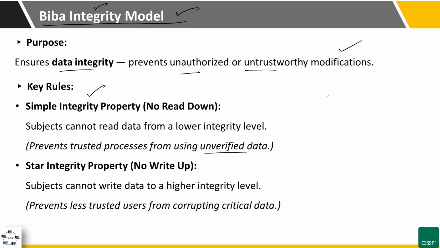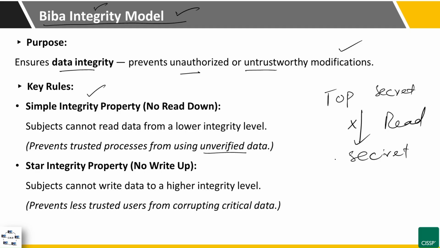What does this mean? If we have a top secret user, they cannot read from, let's suppose, secret, because that data is of less accuracy. You can say it is of less sensitivity, and if the top secret user reads that data, the integrity of the top secret data may be compromised because input is taken from less verified data.